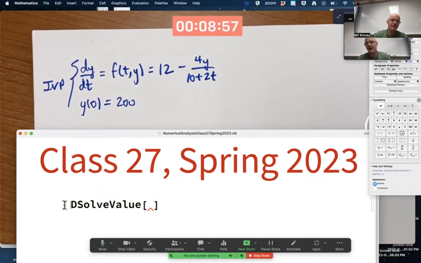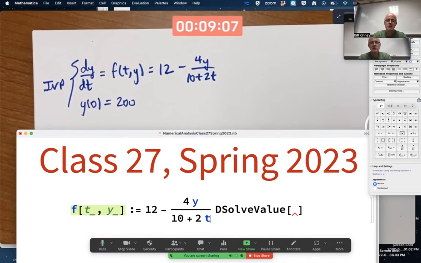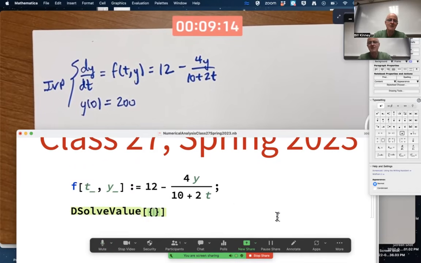I will go ahead and define my right-hand side function here as well. My f of t,y function is 12 minus 4y over 10 plus 2t. My first order differential equation is what you see there on the paper in Mathematica.